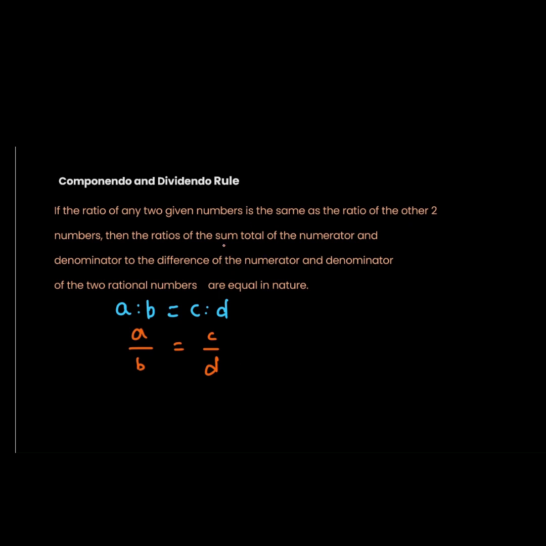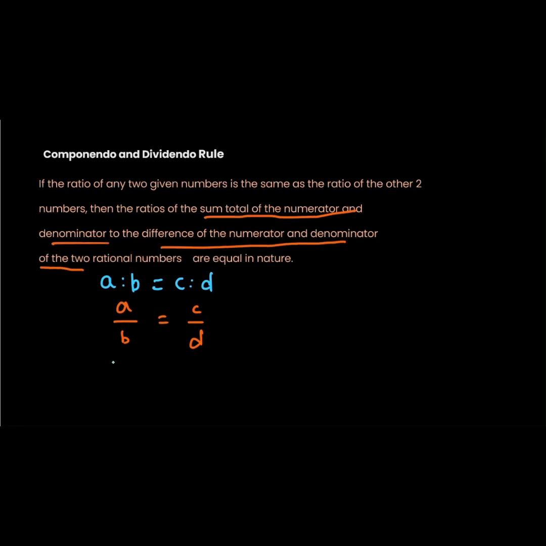Now look at this point: the sum of the numerator and denominator to the difference of the numerator and denominator of the two rational numbers. So we need to find the sum of numerator and denominator, and the difference, it's A minus B.